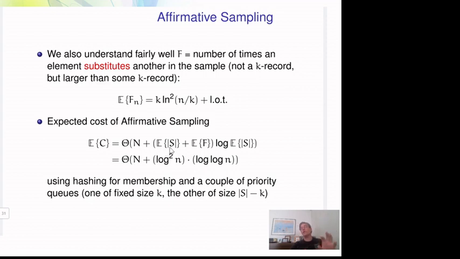And only in those cases you will be adding some element to the sample or making a replacement, and that gives you the average cost of affirmative sampling.